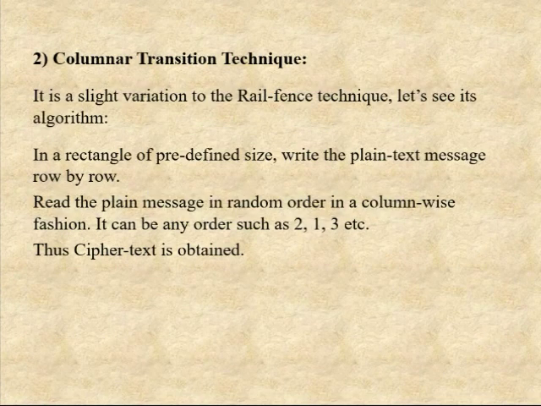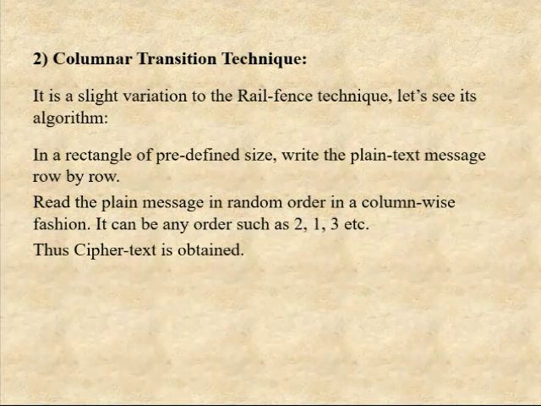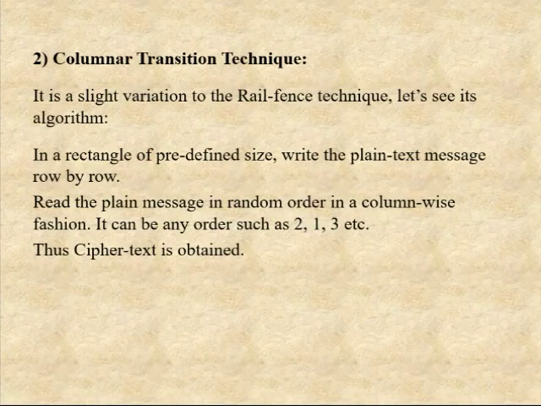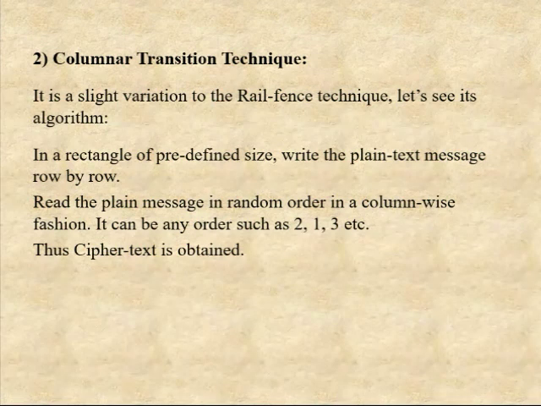This is the first transposition technique. The second transposition technique is columnar transposition. It is a slight variation of the rail fence technique. Let's see its algorithm. The message is written out in rows of a fixed length and then read out again column by column, and the columns are chosen in some scrambled order.